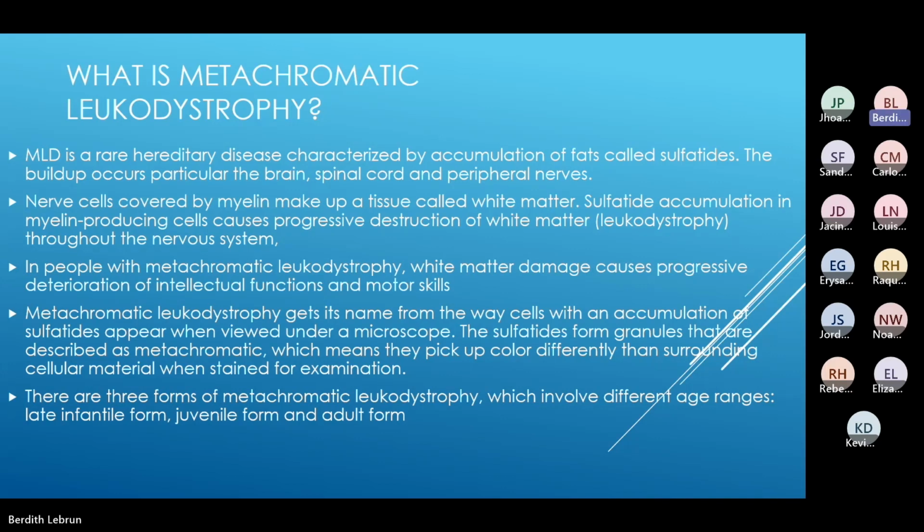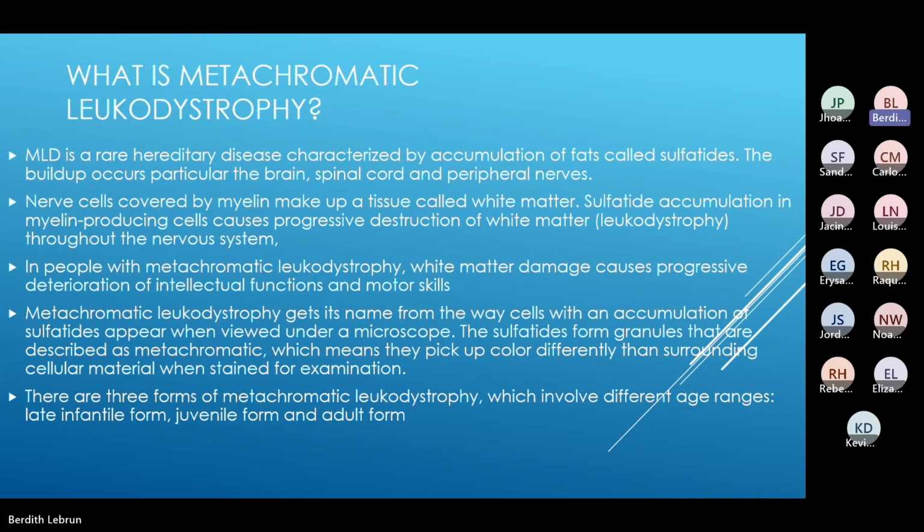The sulfatide accumulation in myelin producing cells causes progressive destruction of white matter, leukodystrophy, throughout the nervous system. In people with metachromatic leukodystrophy, the white matter damage causes progressive deterioration of intellectual functions and motor skills.